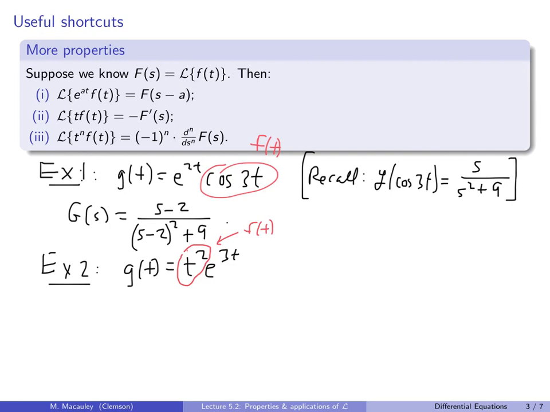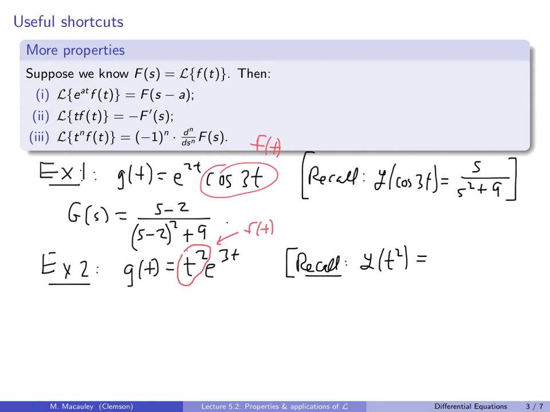So if we do that, then something to recall also from any Laplace transform table, and also from the previous lecture, is the Laplace transform of t squared.